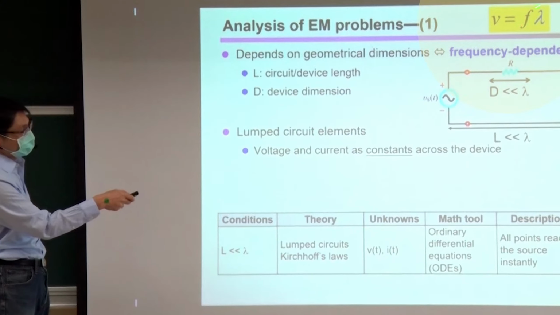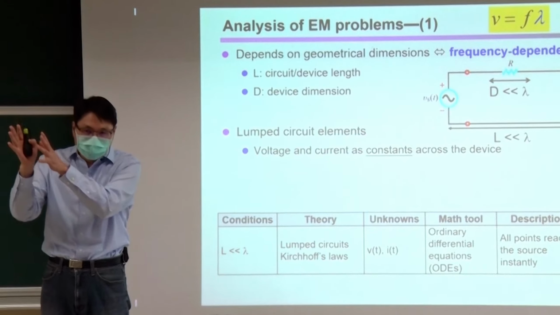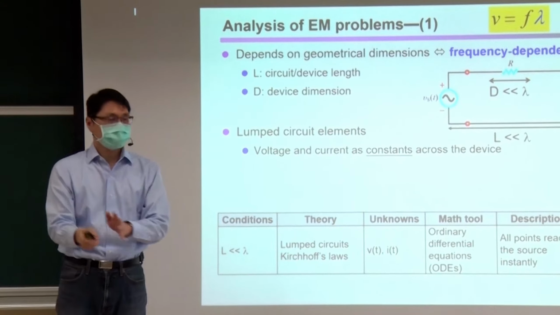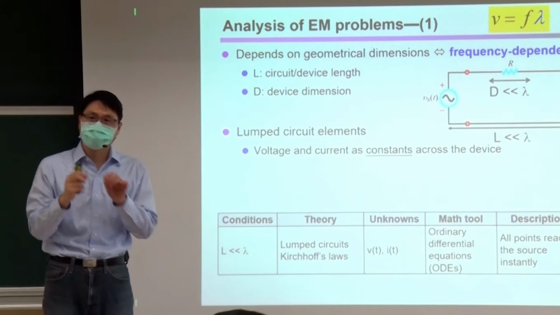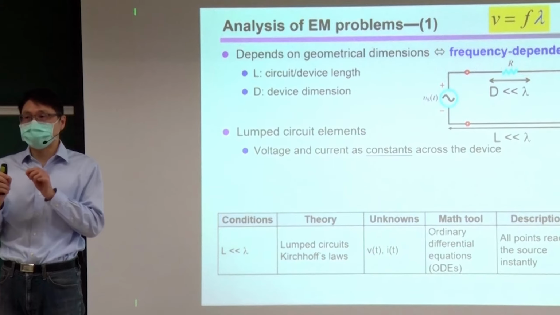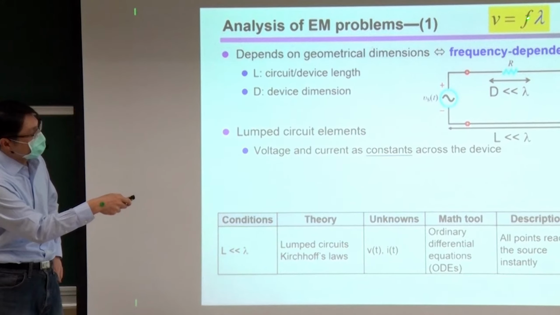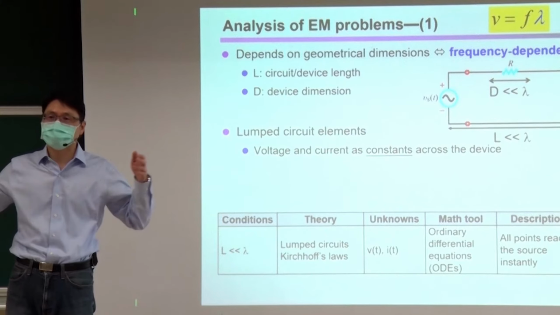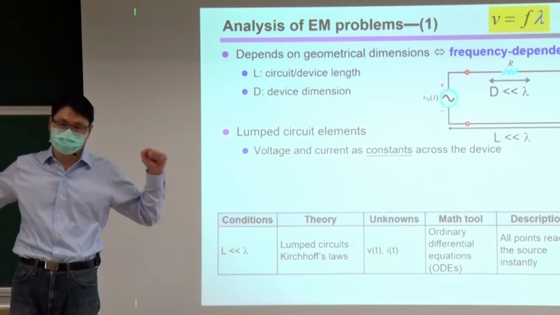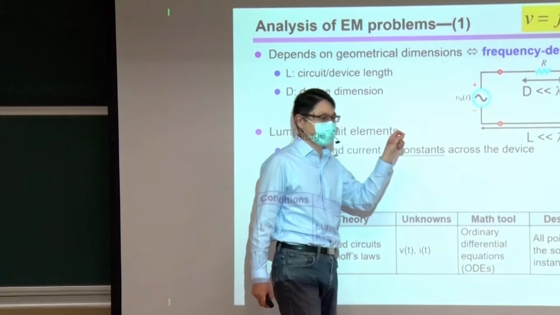Frequency is denoted by F. If you have a very low frequency source, meaning F is very small, what is going to happen to the corresponding wavelength? When F is very small, lambda has to be very long, right?